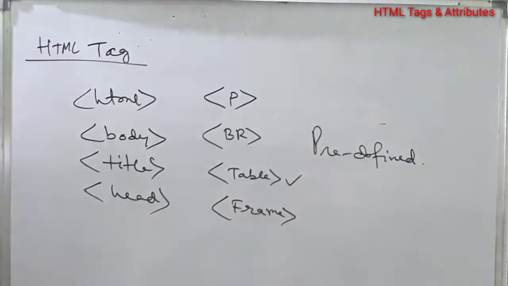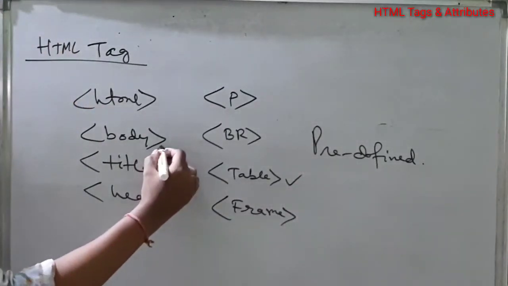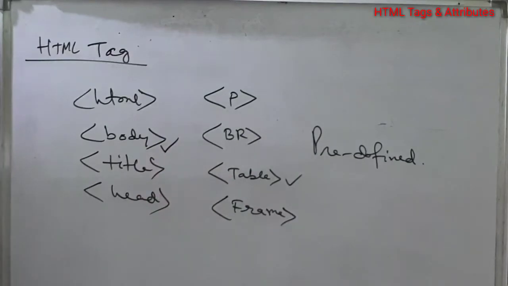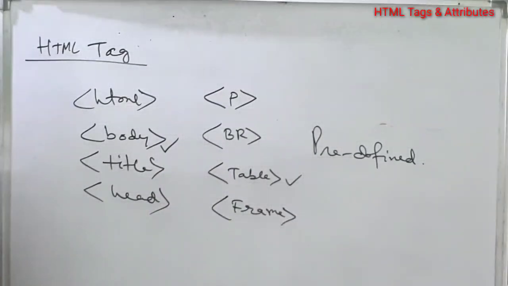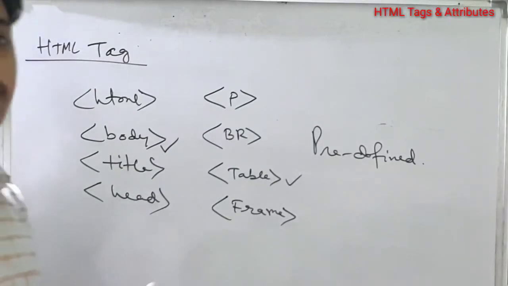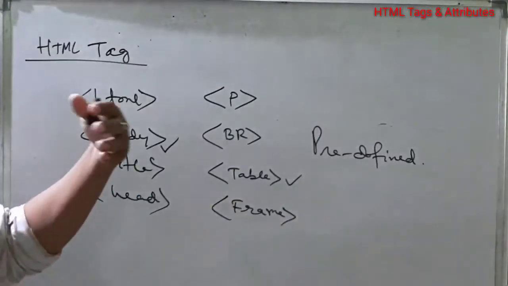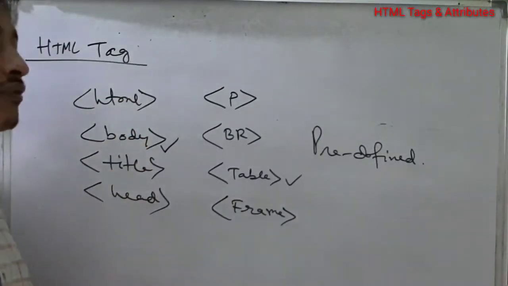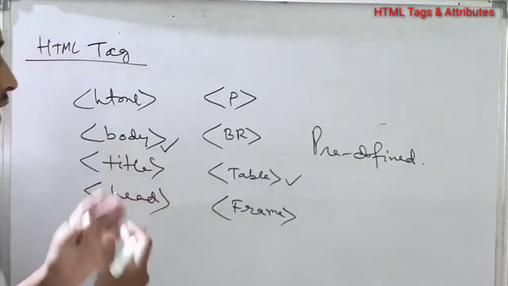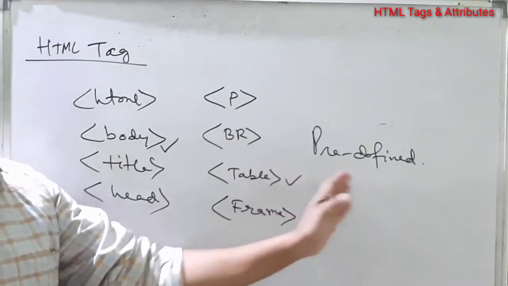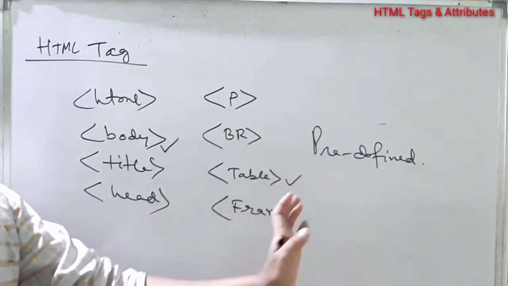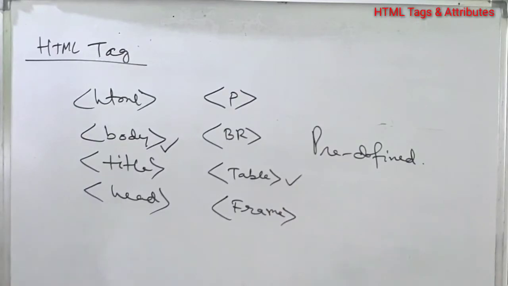If you want to create the body of a web page, you have to use the body tag. You cannot create your own tags, unlike XML. XML means Extensible Markup Language. It is also a markup language, but there the tags are user defined. Here, HTML tags are predefined. You cannot change them.